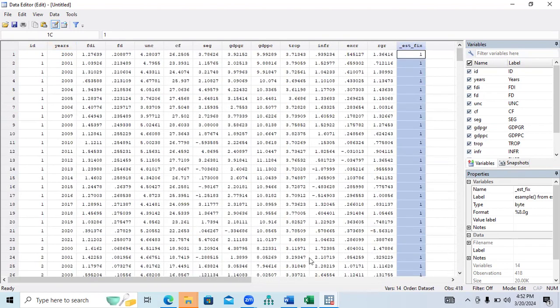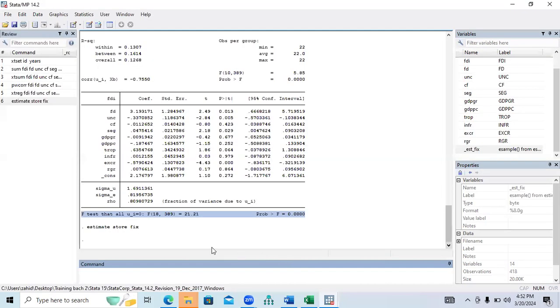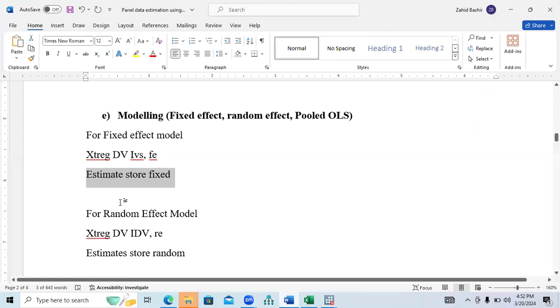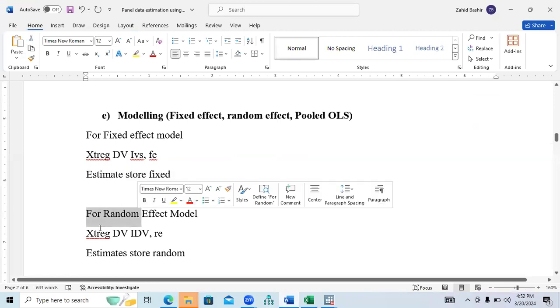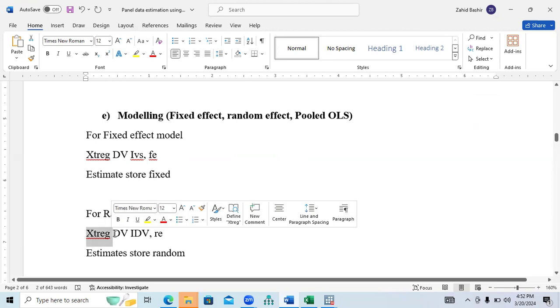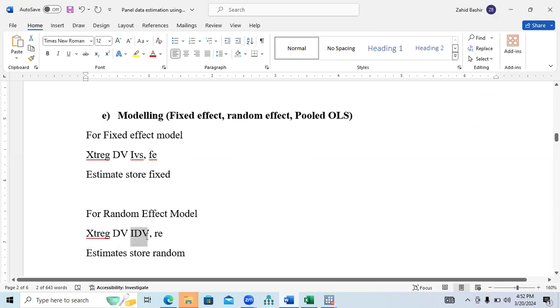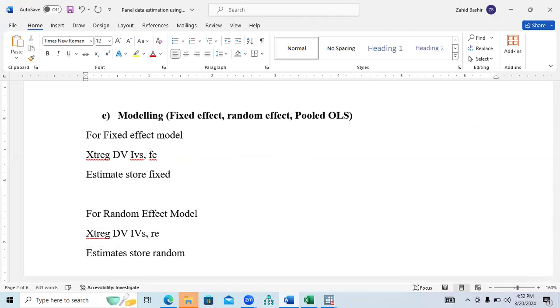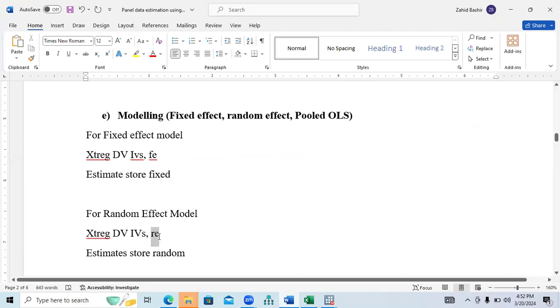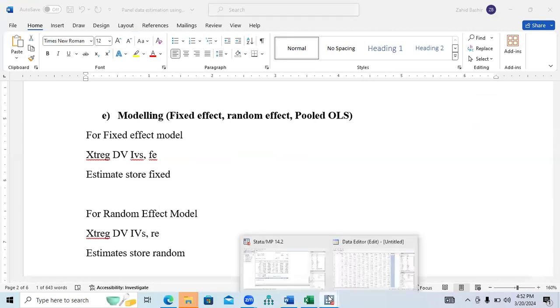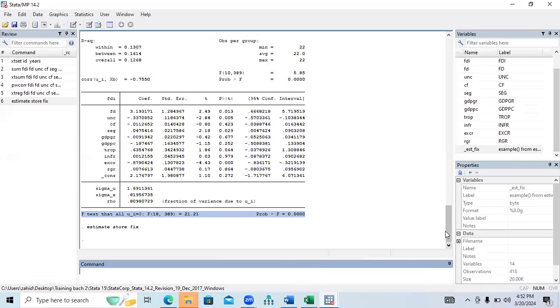So what is the next thing that you need to do? You need to run a random effect command. If you see the command line, you need to write xtreg, then the dv, then the ivs, and then you need to write re. Just replace the fe with re.